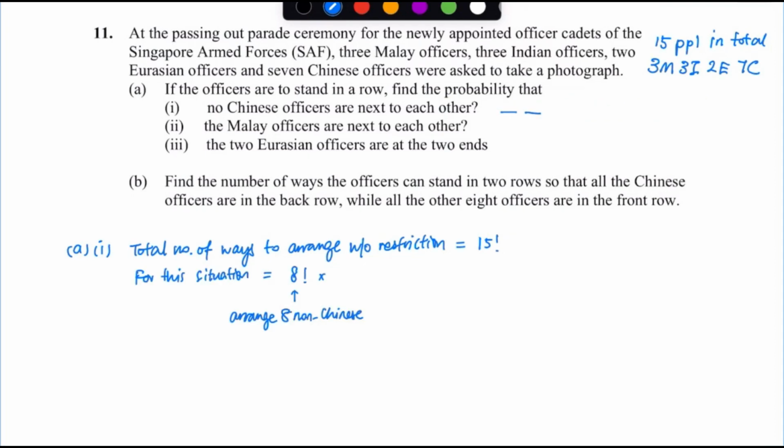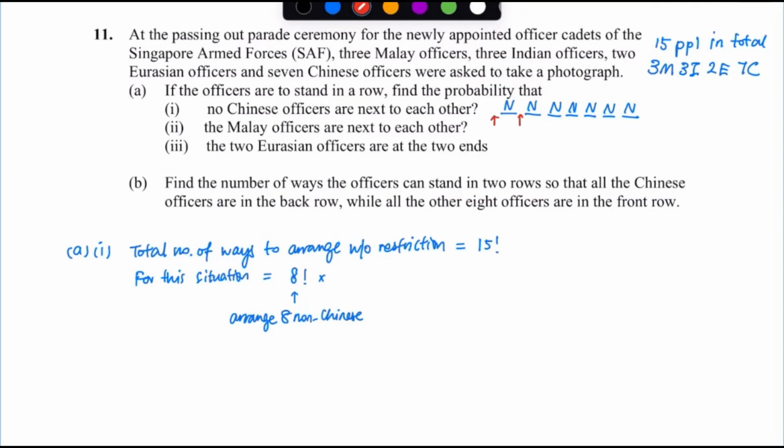Let's arrange the non-Chinese first. For the Chinese to not be together, we will use the insertion method, where you insert in between.